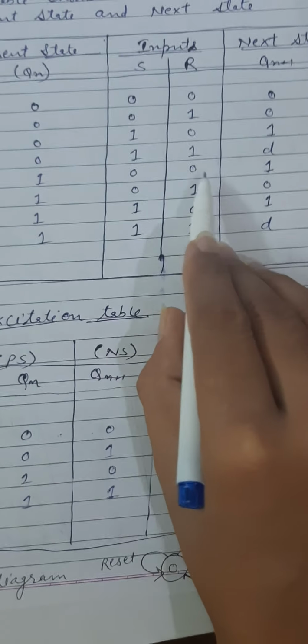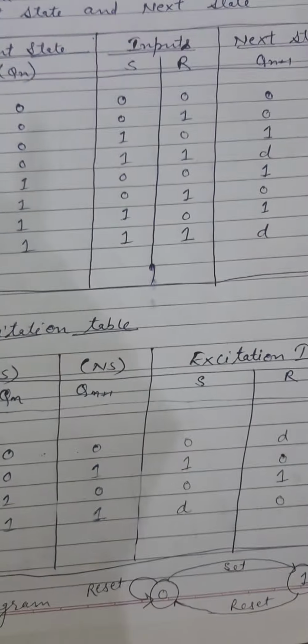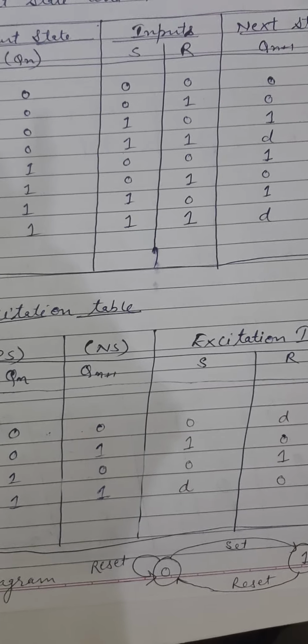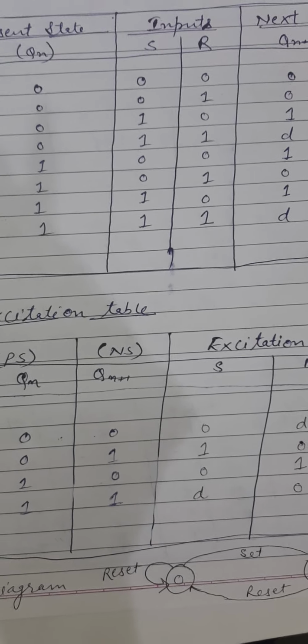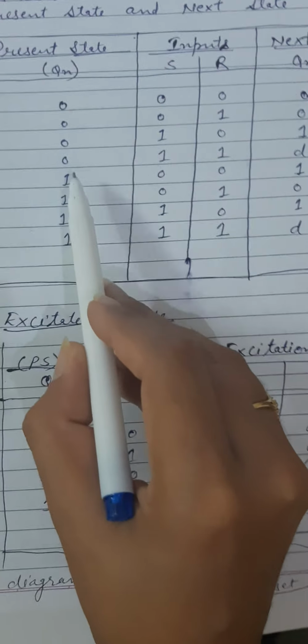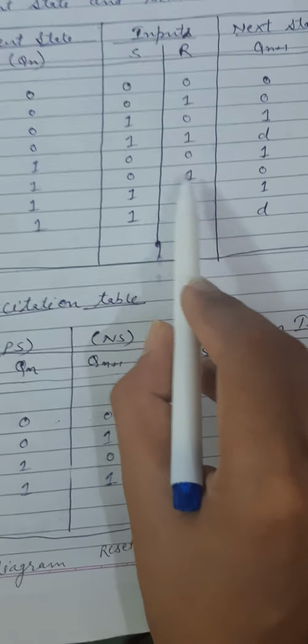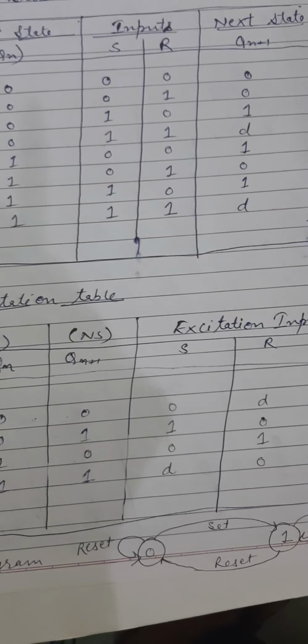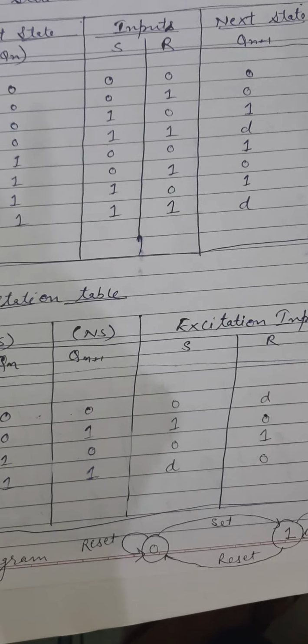Then again, the value of SR is 0 0, and we can see in the truth table the output is Qn, and here the value of Qn is equal to 1. So we will write here 1, and when the value of SR is 0 1, we can see in the truth table that Qn plus 1 is equal to 0.